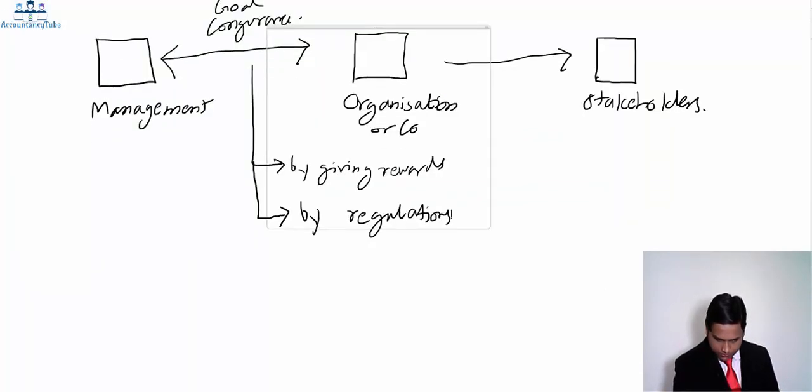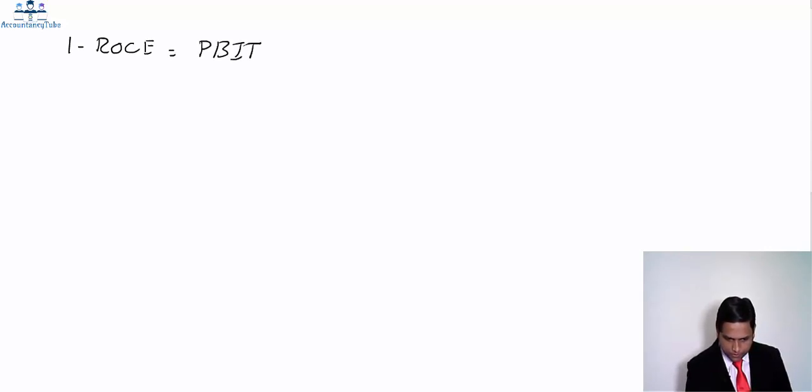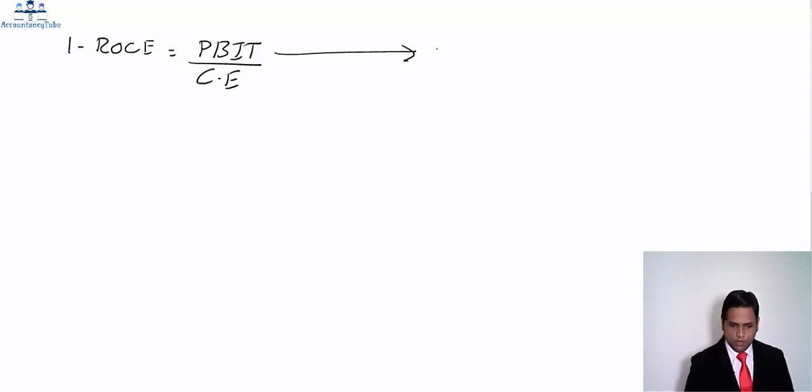Let's come down a bit. Okay, now we need to compute ROCE, which is profit before interest and tax divided by capital employed. Now in order to compute profit before interest and tax, let's see what we are given.